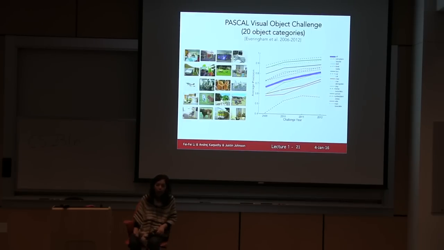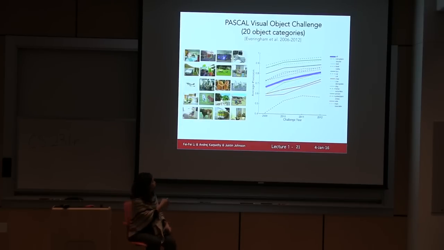It's a European effort where researchers put together tens of thousands of images from 20 classes of objects. These are one example per object, like cats, cows, dogs, airplanes, bottles, horses, trains, and all this.